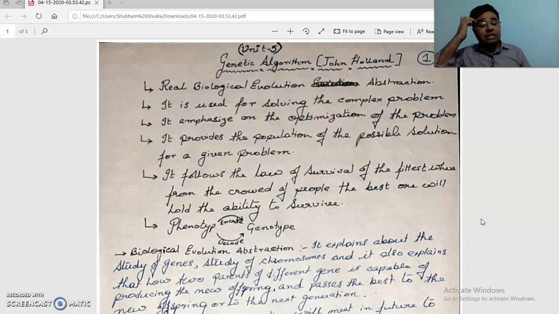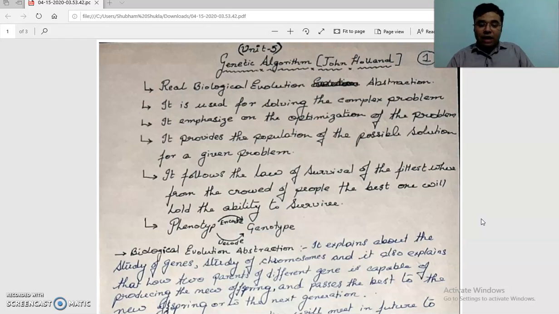When the two parent data sets meet with each other, they produce a child, and when the child produces the next generation, then ultimately it will consist of a few more special features, and that is why the genetic algorithm mainly focuses on the optimization technique.